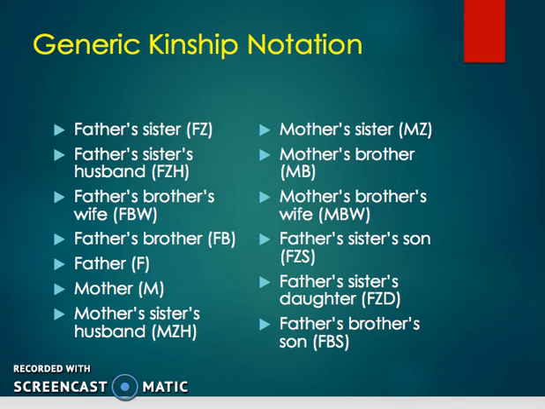In American English, for example, all of the following relationships are referred to as aunt: father's sister, FZ, father's brother's wife, FBW, mother's sister, MZ, mother's brother's wife, MBW, and when I was a kid, I even called my grandmother's sister Aunt Virginia.